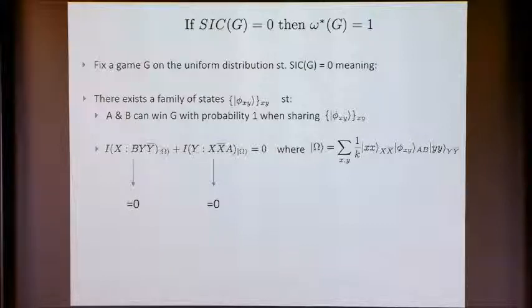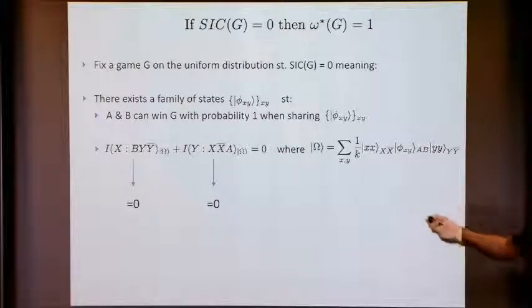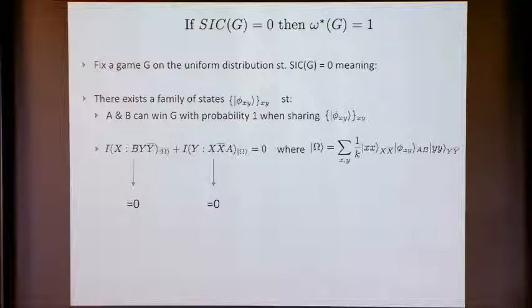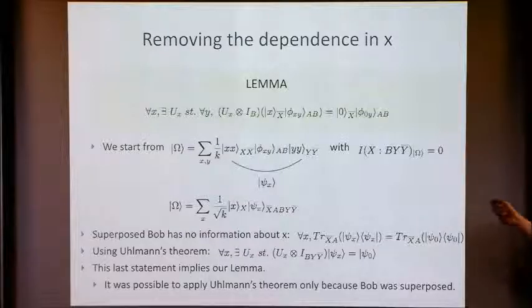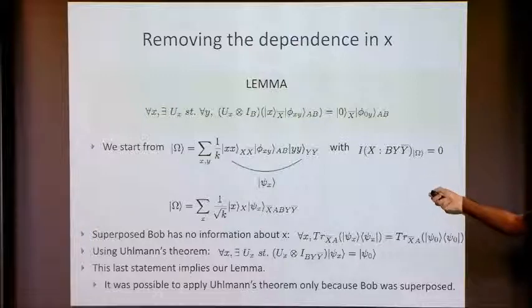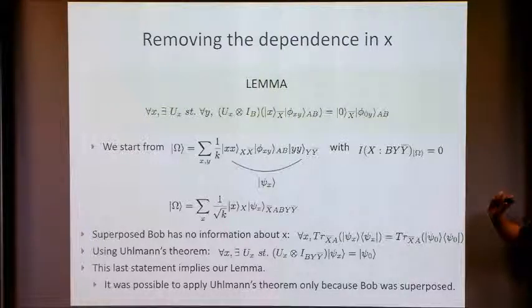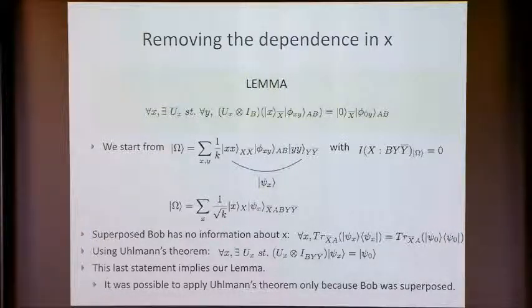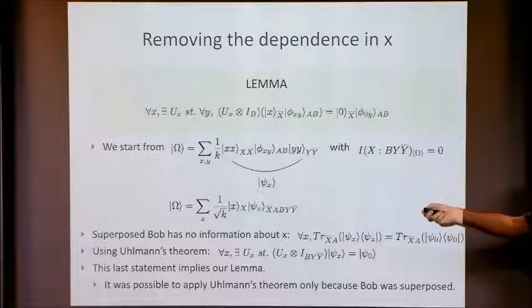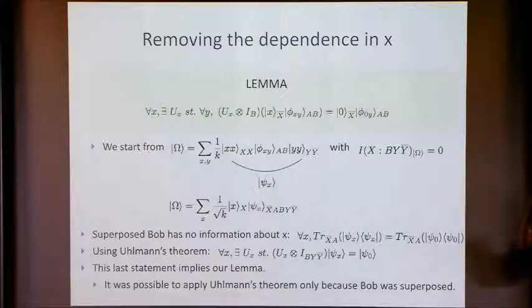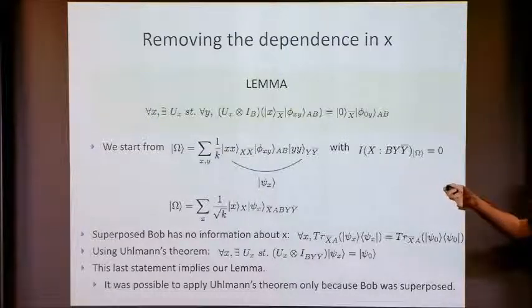And the mutual information is positive, so if this is equal to 0, it means that each of the parts is 0. Now what will we do? We'll first show this lemma, which means that for all x, there is a unitary from Alice that can remove the dependency on x in the state phi xy.